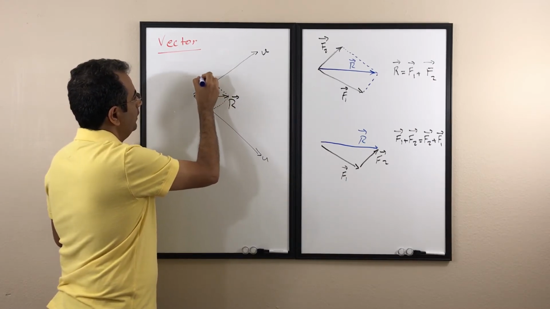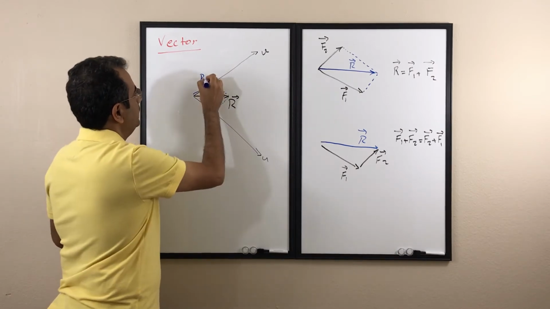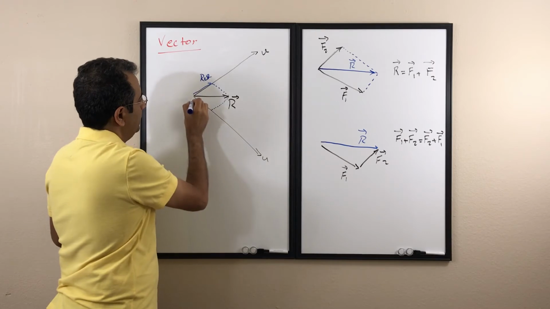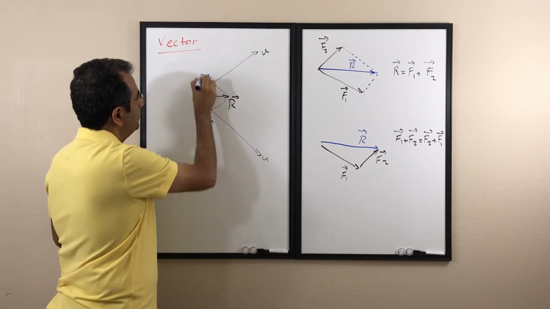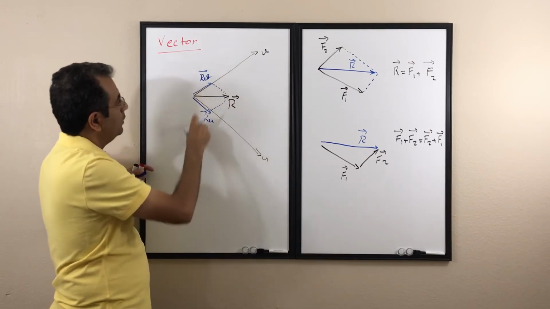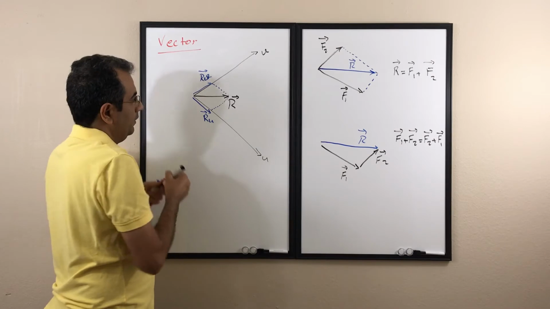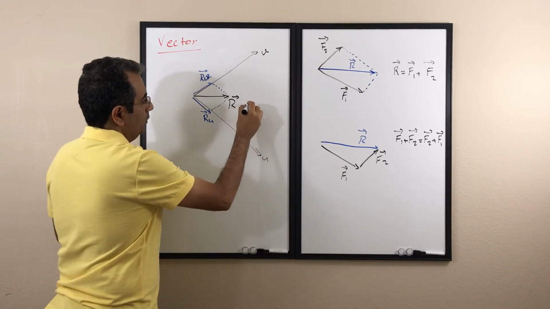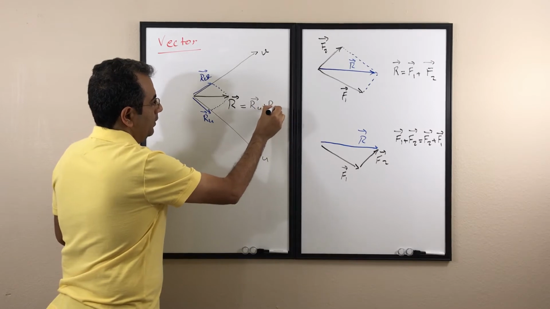So this is going to be R along V, sorry, and this is going to be R along U. So if you add RU plus RV, it is going to be R. In other words, R is equal to RU plus RV.